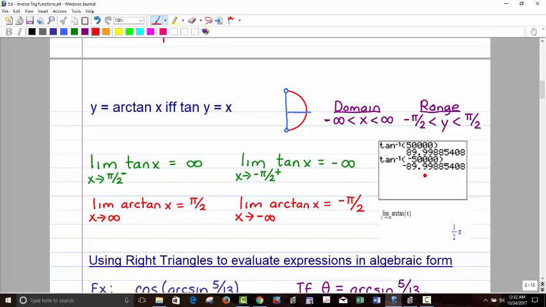Well, let me just tell you real quickly why this works that way. It's not that critical, but these limits will be good to know for other things that are done in Cal 2, especially. The reason is that tangent is sine over cosine, so it's undefined at pi over 2. As you get closer and closer to pi over 2, sine is getting closer and closer to 1, which is not a very big number, but the key here is that cosine is close to 0.